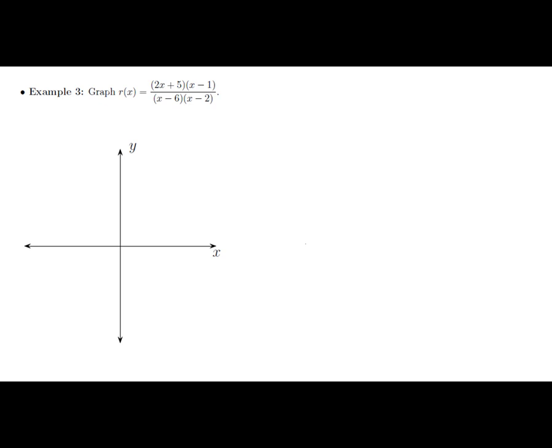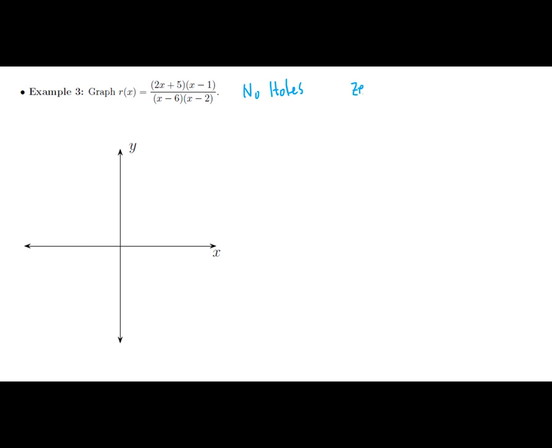All right, so let's take a look at another example here. So we've got, first of all, some zeros that we want to find, and they're easy to find because it's already factored for us, right? I see no cancellation, so maybe a little note here for no holes.